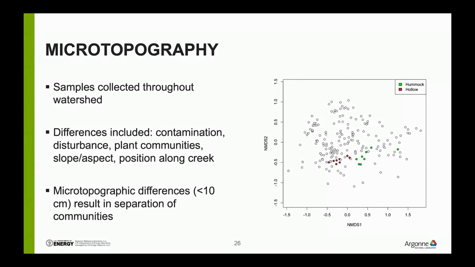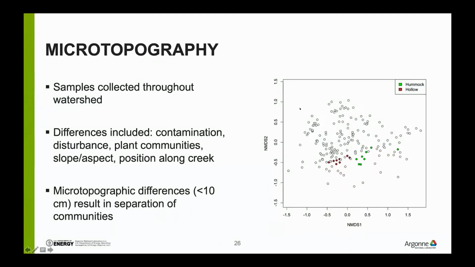These differences in topography, less than 10 centimeters, probably most of the time less than 5 centimeters of difference in elevation between these locations, and these were all paired samples, can result in a separation of communities.